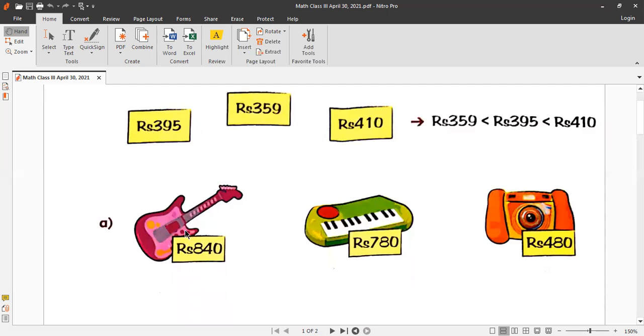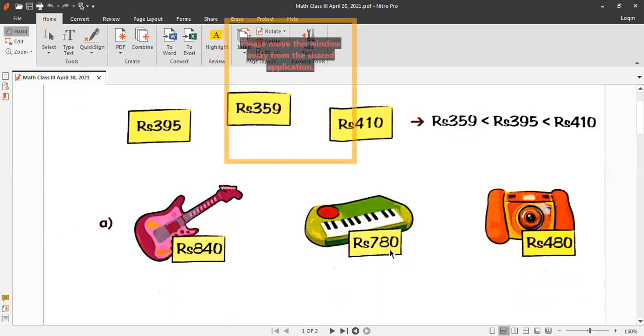The first one is guitar, that is 840 rupees, the next one is piano, that is 780 rupees, and the last one is camera, that is 480. Make sure you write them in order, starting from the lowest price.